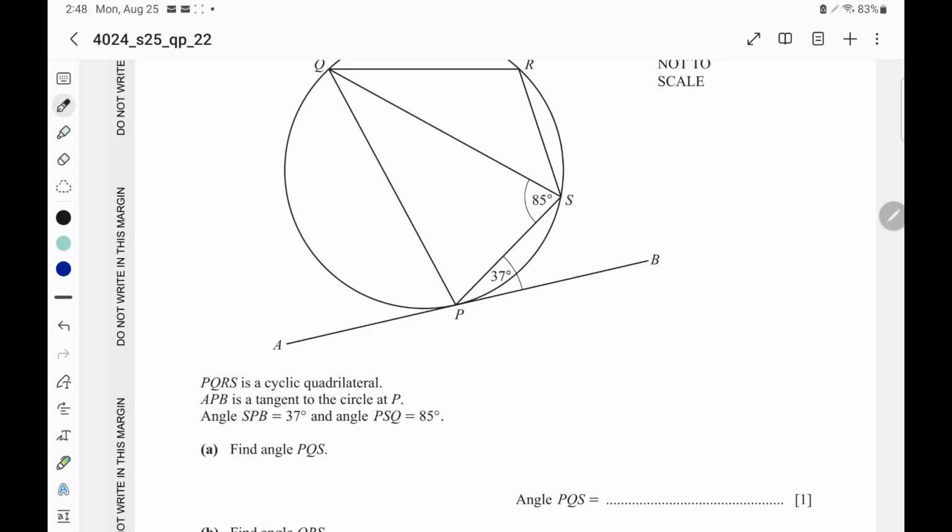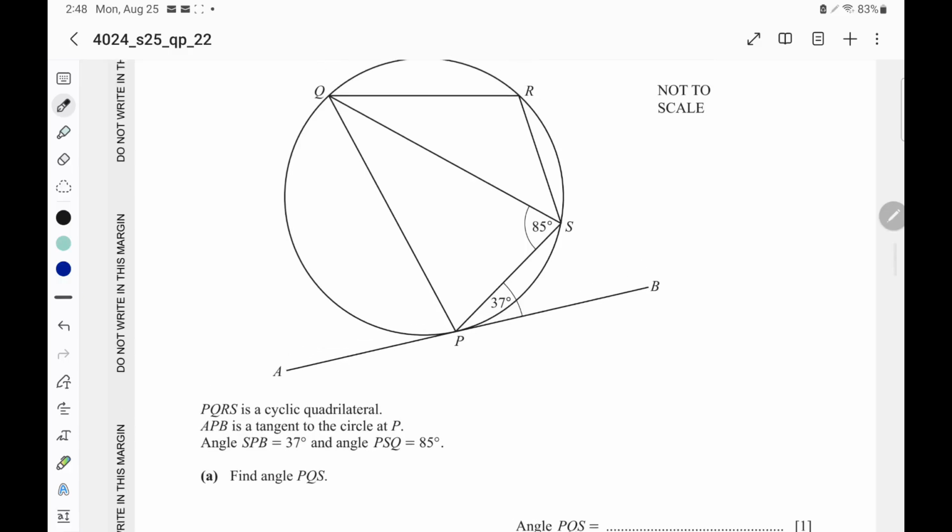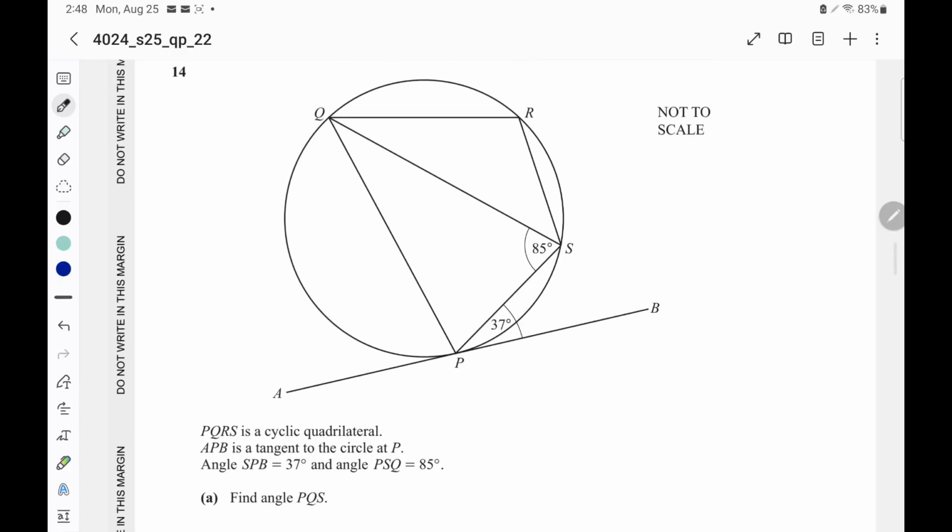ABB is a tangent at P, SPB is 37 already labeled, and PSQ is 85 degrees already labeled. PQS, if you just see P to Q to S, it means this angle is required.